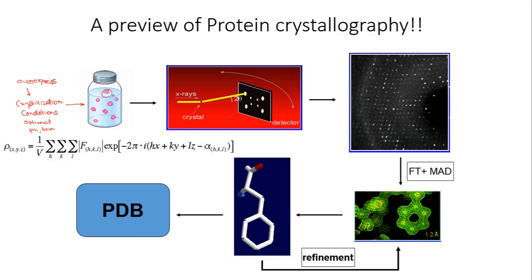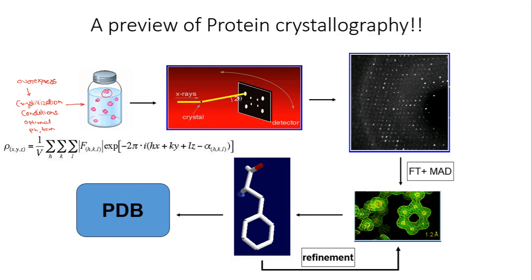So once you obtain the crystal, then the subsequent steps are quite easy. Those are just mechanical and some mathematical formulations that you need to obtain to solve the structures. So the major limiting step in protein crystallography is to find out the optimal crystallization condition, or to find out the crystals of a given protein.